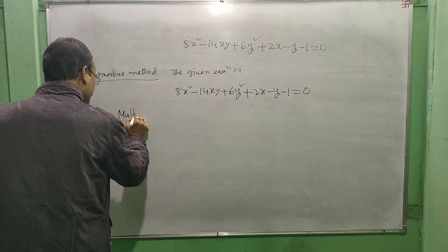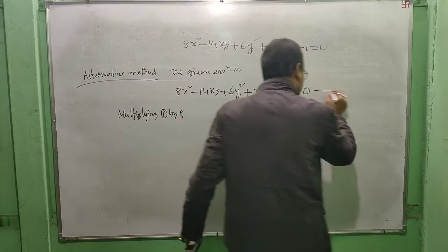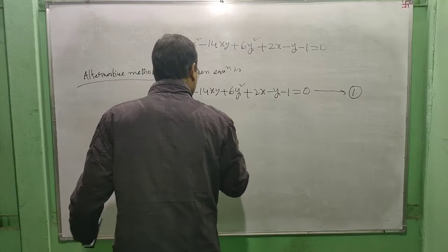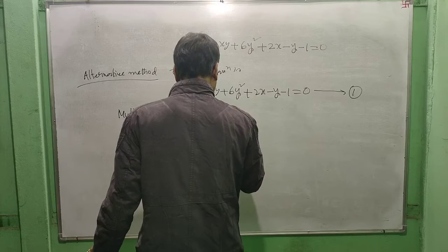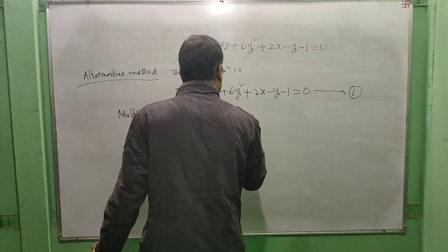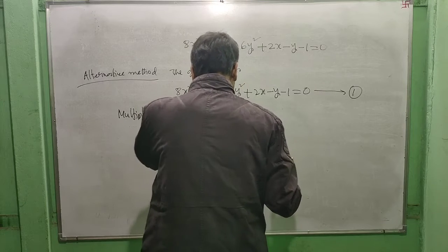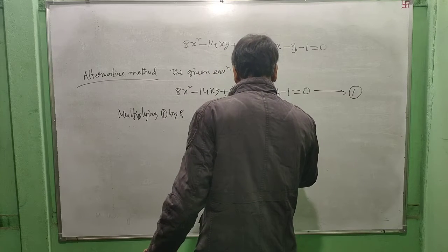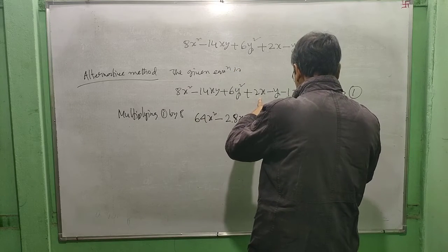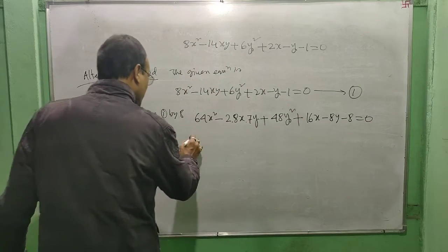Suppose this is number 1. Multiplying by 8, you will get 64x square minus 112xy plus 48y square plus 16x minus 8y minus 8 equal to 0.